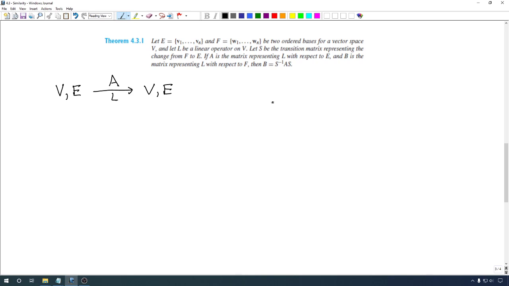Now here, we might be working with something that's not in Rn, so we might be working with, say, the coordinates of v in the basis E. And so what do we do there?